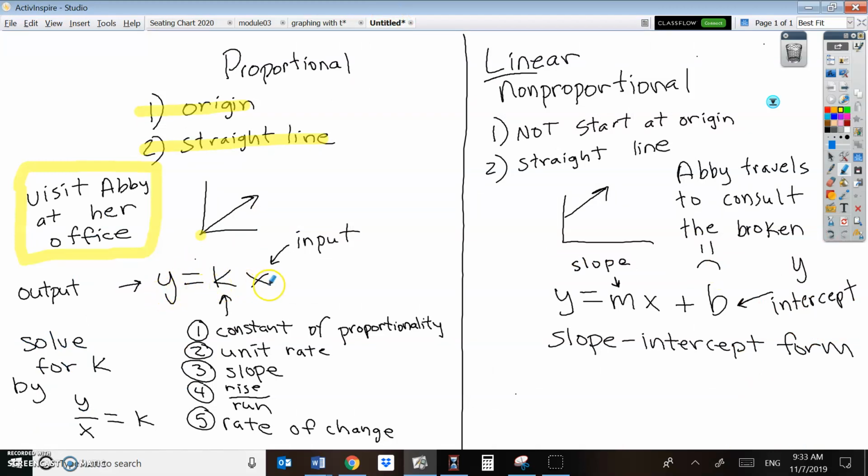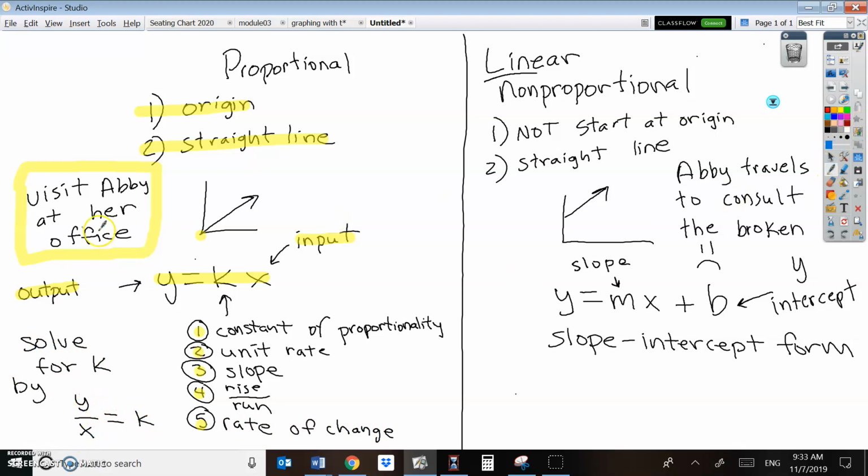The equation of a proportional relationship can be written in the form y equals kx, where x is the input, y is the output, and k has all of these names. It is the constant of proportionality, it's also the unit rate, it's also the slope, it's the rise over run, and it's the rate of change. And you can solve for k by doing k equals y divided by x.